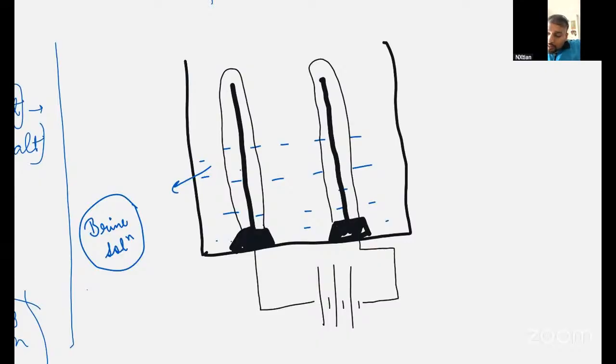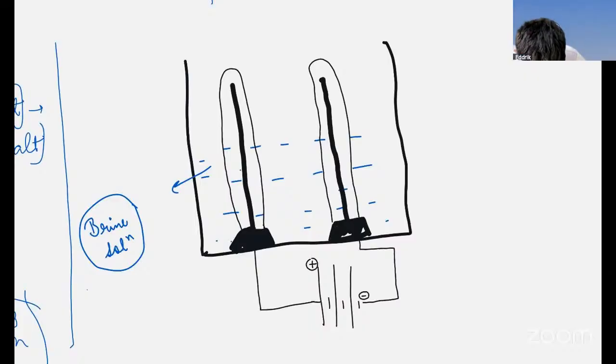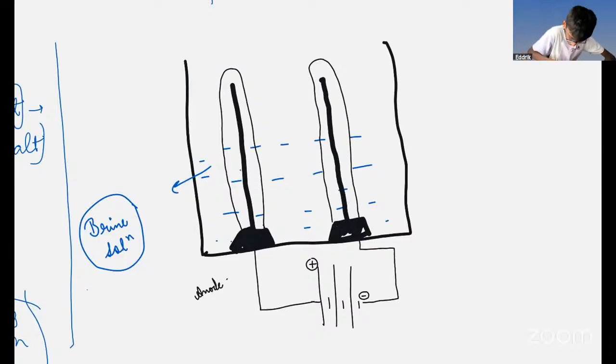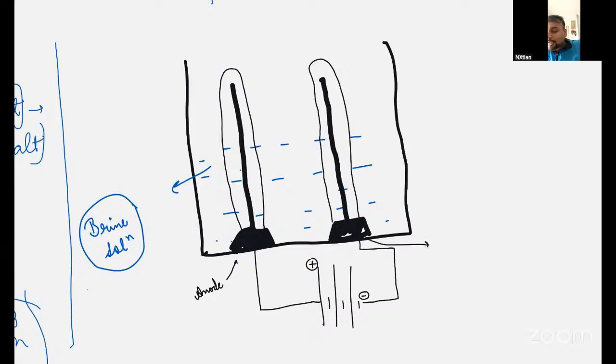Now you can see that big line, small line, big line, small line. This big line is basically called the positive terminal, and this small line is basically called the negative terminal. So this positive terminal is attached to this, hence it is called the anode. And this negative terminal is connected to this, hence it is called the cathode.